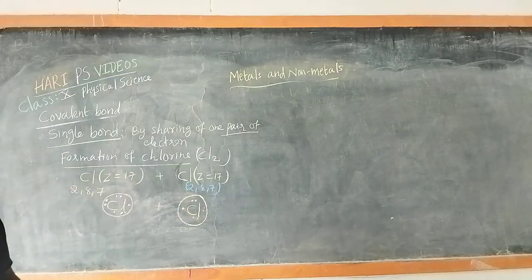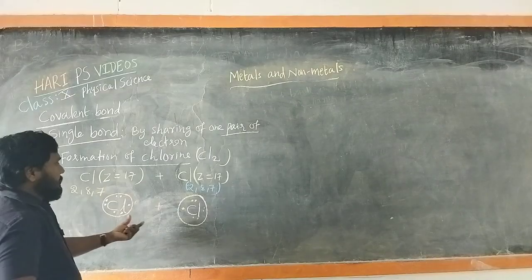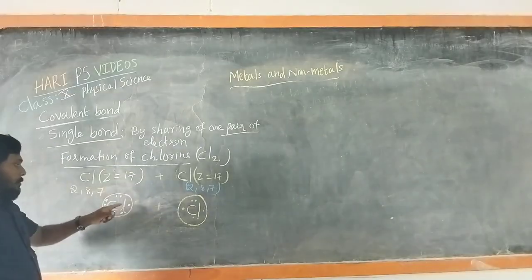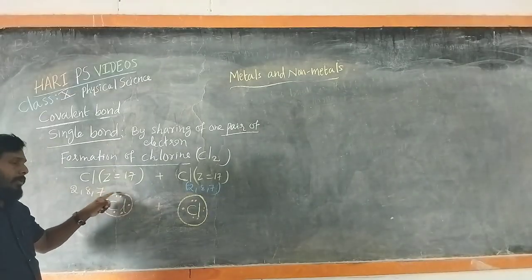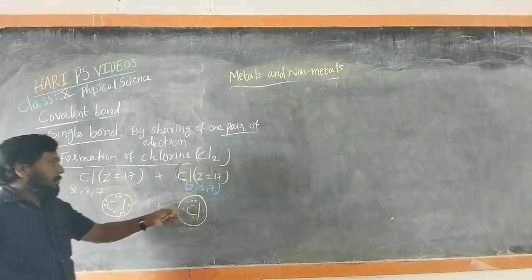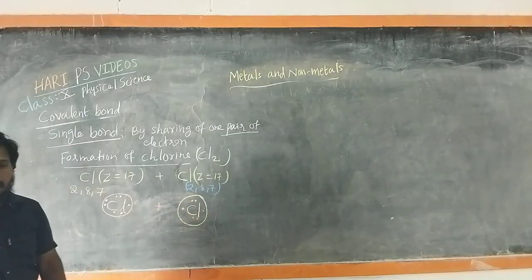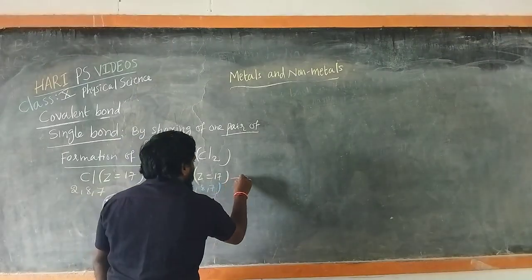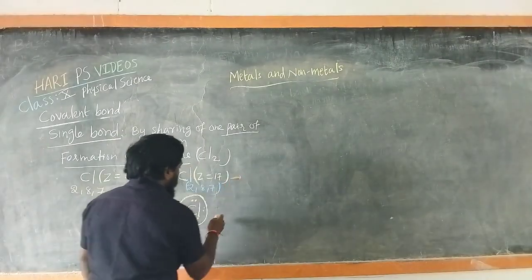Here is one chlorine atom, then another chlorine atom. This chlorine atom has 7 electrons in the outermost shell, and this chlorine also has 7 electrons in the outermost shell. When these two are combined, we can write Cl, chlorine.